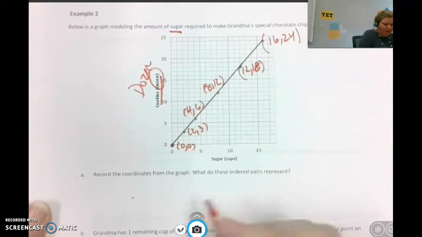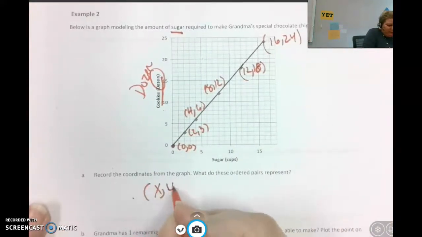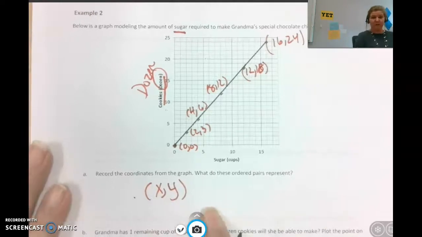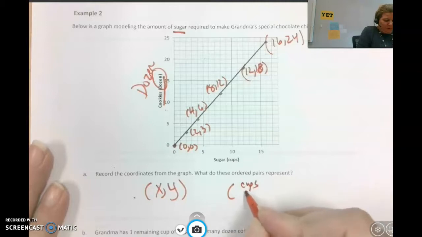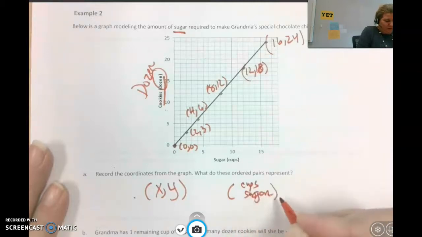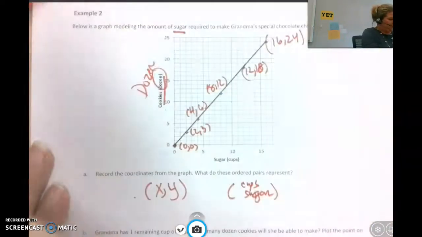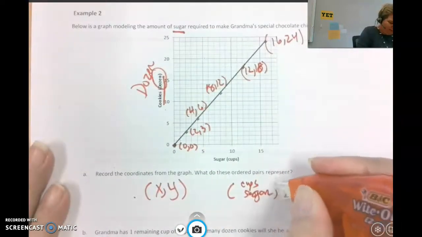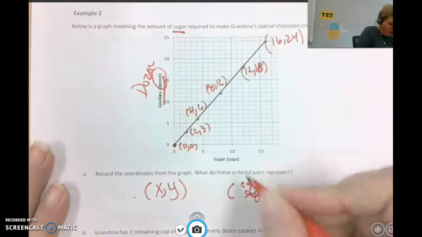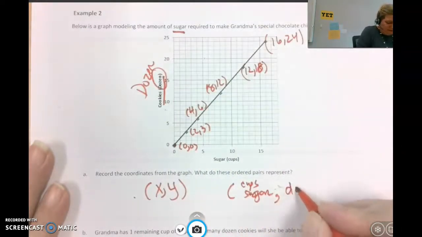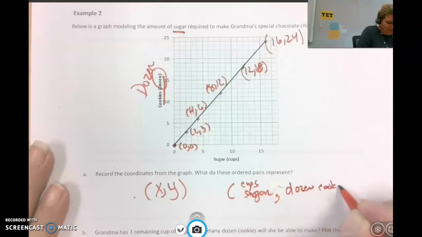What do the ordered pairs represent? Each one is x comma y, because that's how ordered pairs work. So the x's are cups of sugar, and I shouldn't have put that. That should be a comma instead of the parentheses. So that's cups of sugar, comma, dozen cookies.